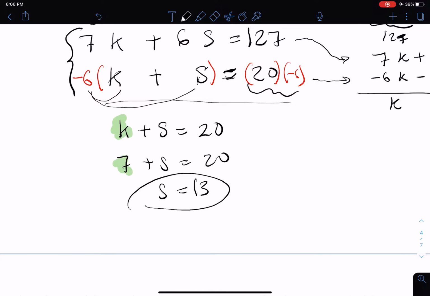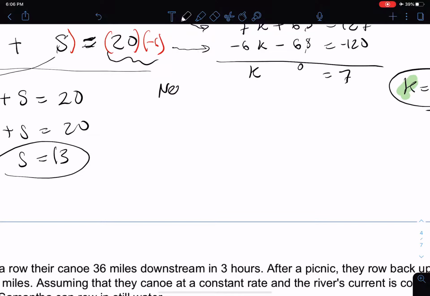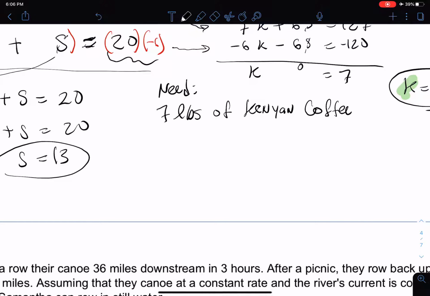Okay, so what is going to be needed to make this new blend of coffee? We're going to need 7 pounds of the Kenyan coffee, and we're going to need 13 pounds of the Sumatran coffee.